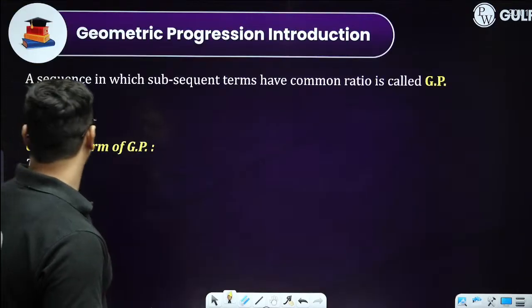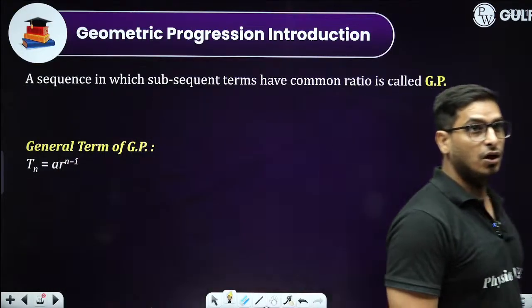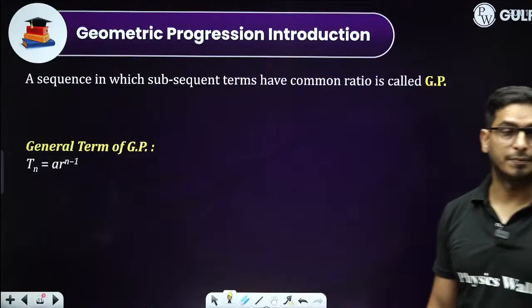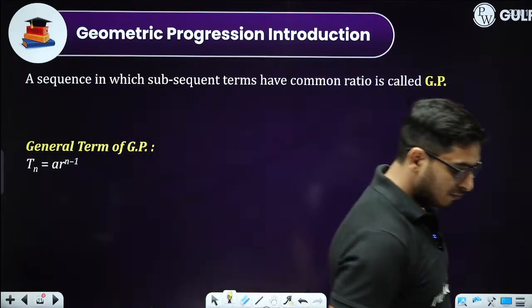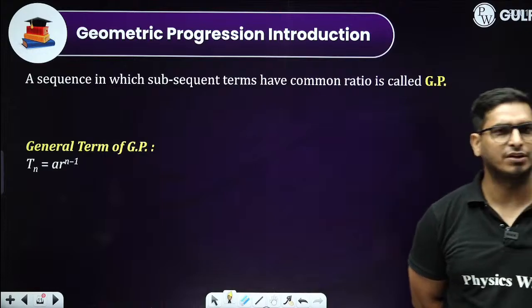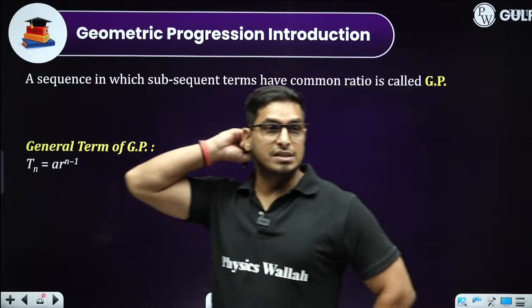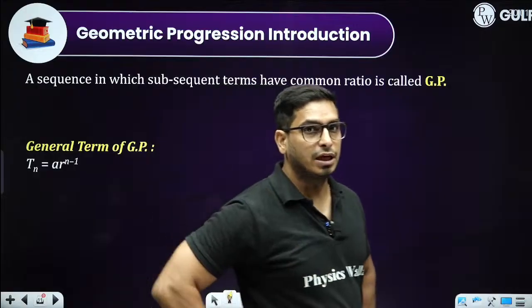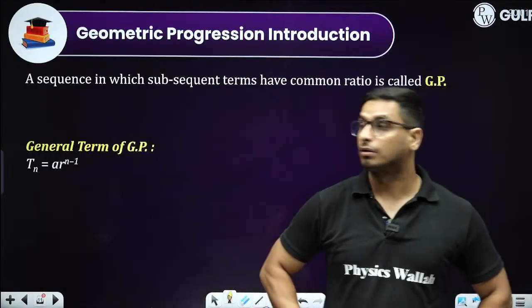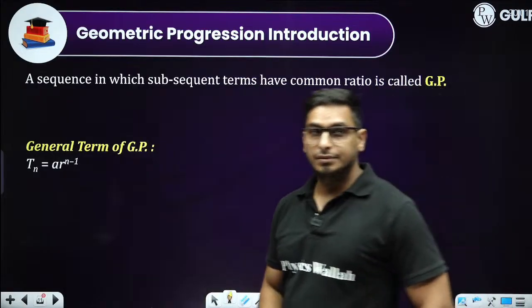Next, we all know this, already told you. Now we have a thing that is called geometric progression, GP. We'll solve a few more questions after this. After GP, we will see questions related to AP, meaning JEE Mains questions.